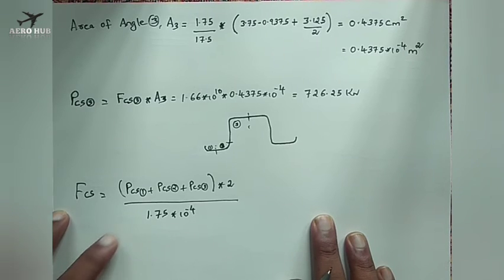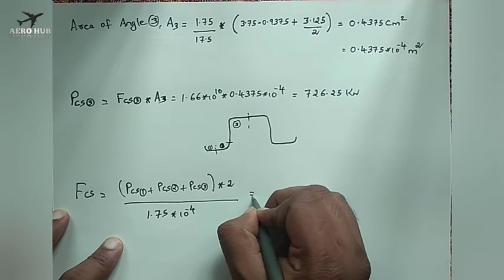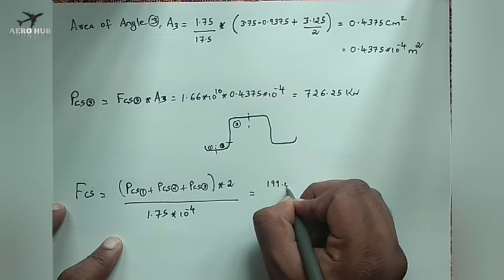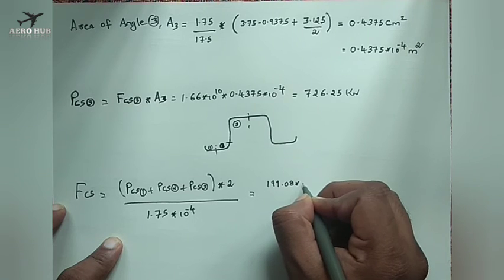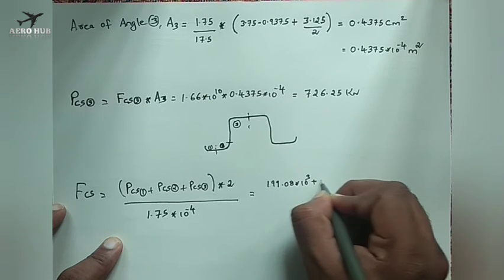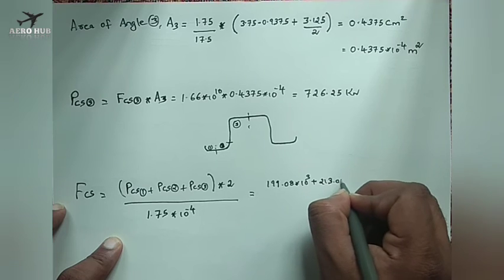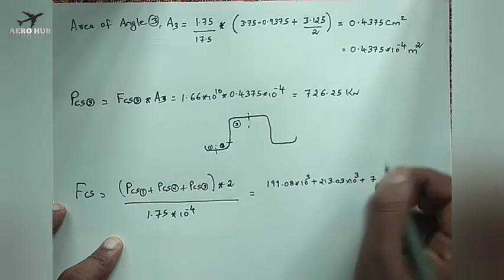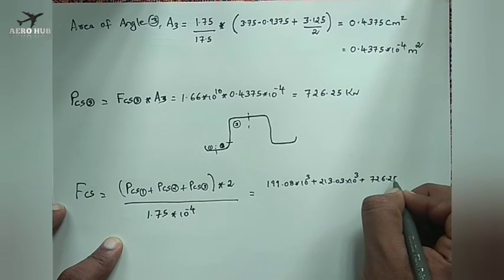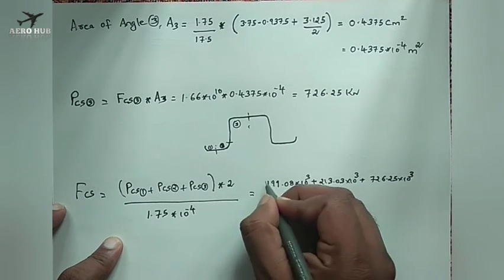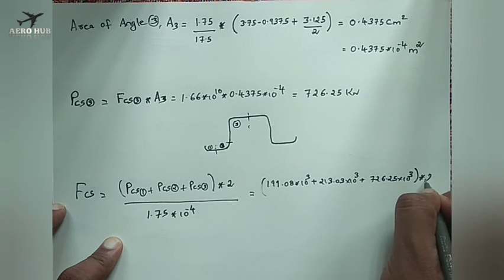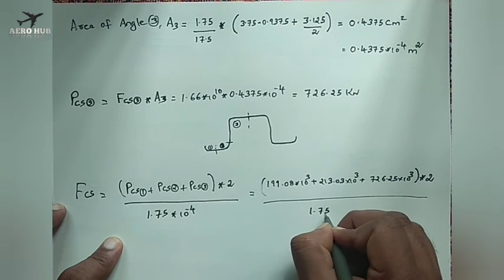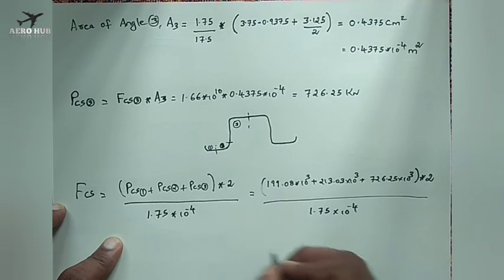Okay, so we know the value of PCS1, PCS2 and PCS3. So I'll substitute PCS1 as 199.08 into 10 power 3, PCS2 as 213.03 into 10 power 3, plus PCS3 as 726.25 into 10 power 3, multiplied by 2, divided by 1.75 into 10 power minus 4.